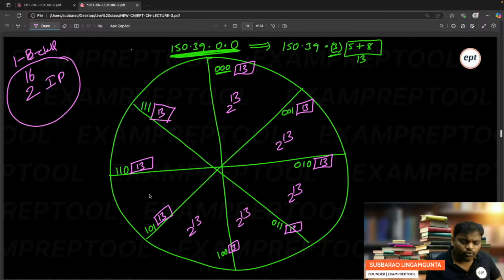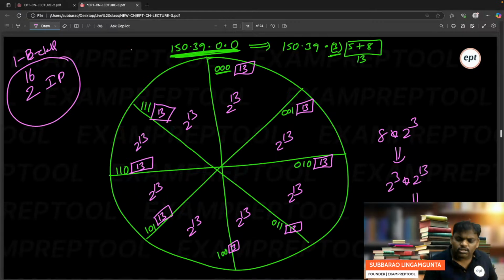Minus 2 and the hosts will come. Everyone is 2 power 13 IPs. So 8 times 2 power 13, which is 2 cube times 2 power 13, gives 2 power 16. There is no change. If you don't divide, one class B is 2 power 16 IPs. After dividing also it is 2 power 16 IPs only.